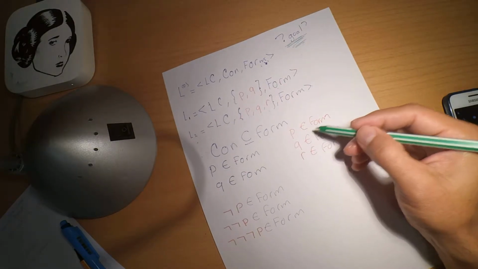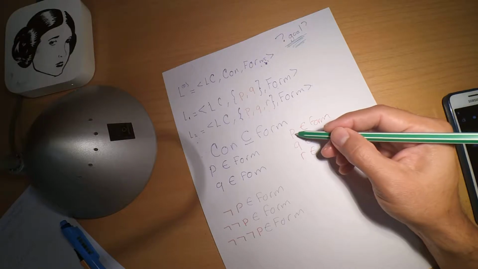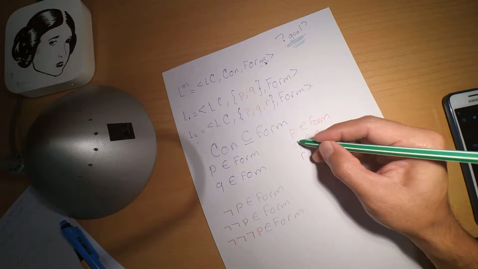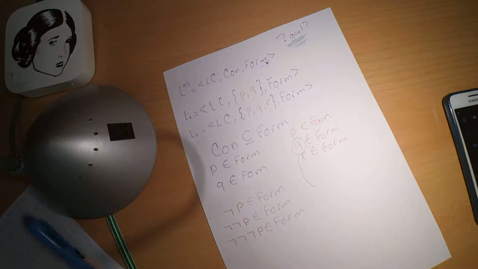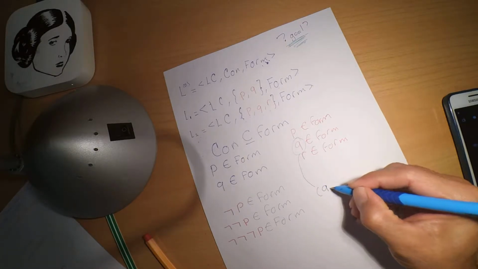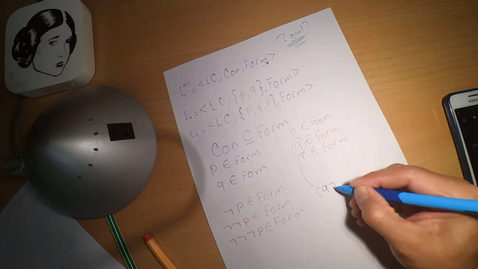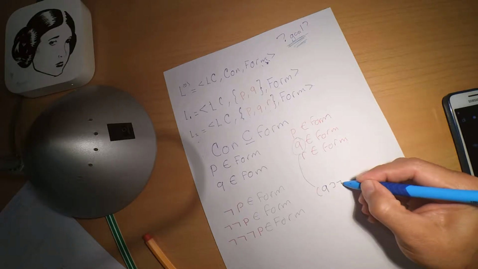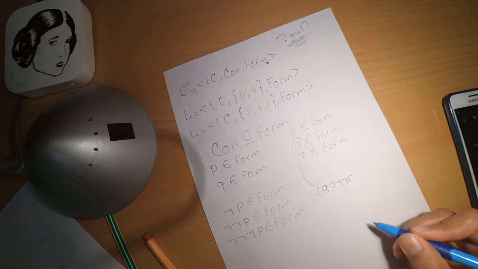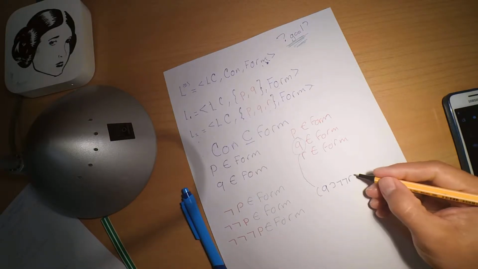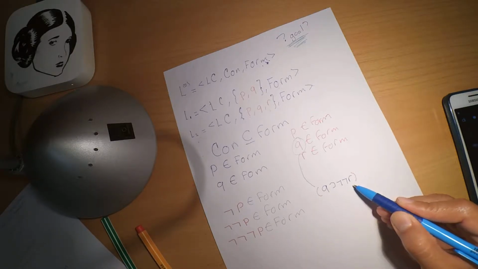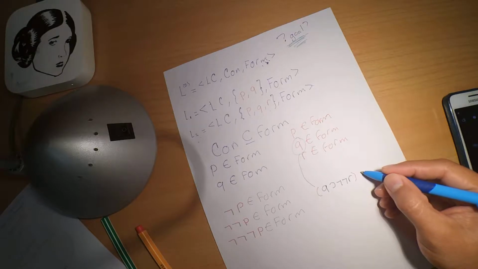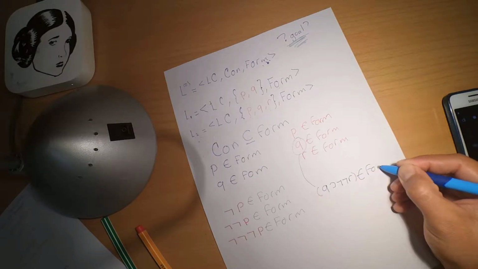Okay, an example. Let's say I'm going to put Q and create one formula: Q implication negation R. And remember to close. My question for you is, is this a formula? Yes or no? Yes, it is. This belongs to the form.